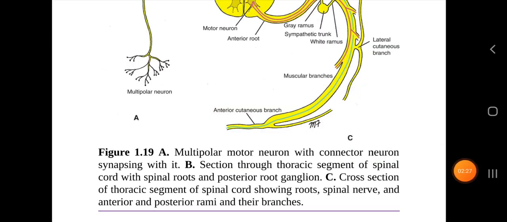The figure C showing the cross section of the thoracic segment of the spinal cord showing the roots, spinal nerve and anterior and posterior rami and their branches.